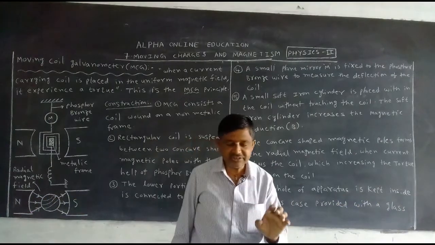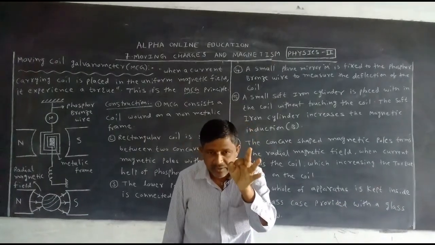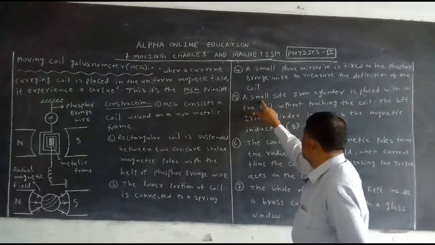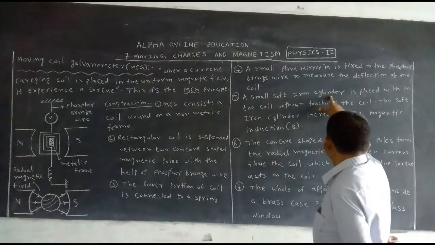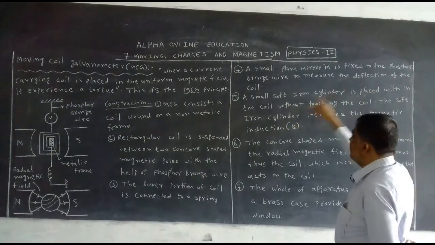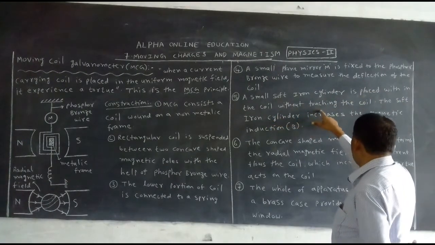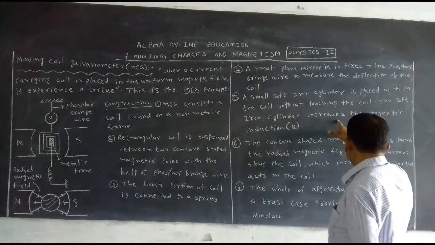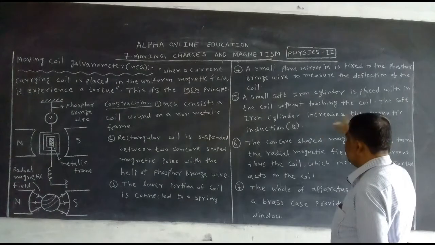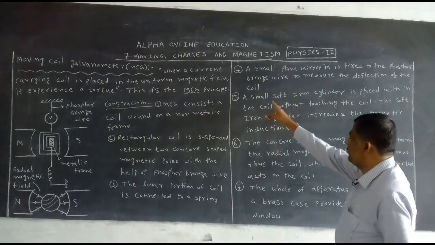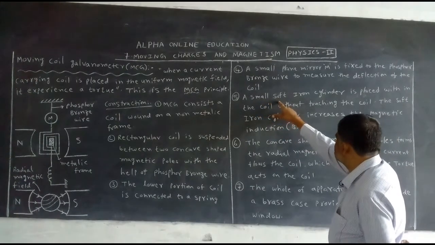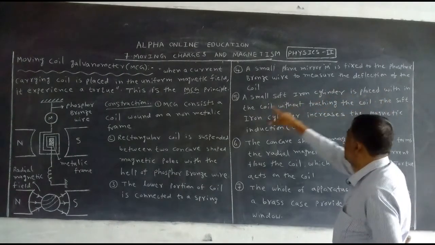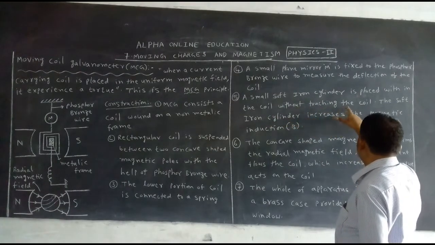What the deflection is, we will discuss in the working principle. Next, a small soft iron cylinder is placed within the coil without touching the coil. The soft iron cylinder increases the magnetic induction. This is the fifth point: a small soft iron cylinder is placed within the coil without touching the coil.